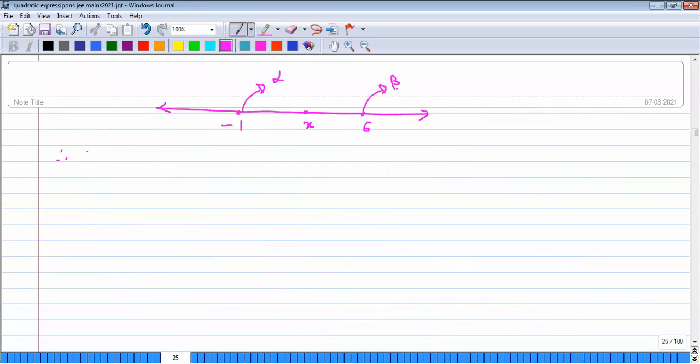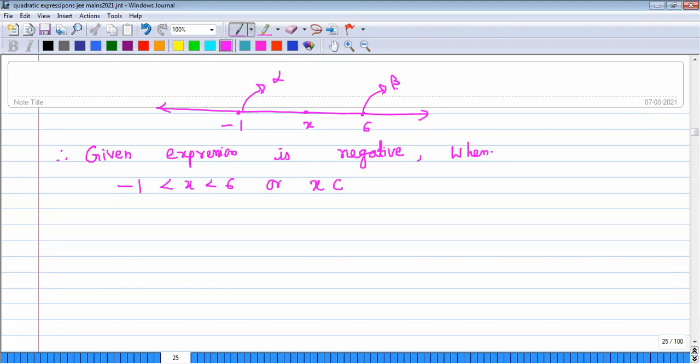So we can write like this: the given expression is negative, not positive, when minus 1 is less than x less than 6, or you can write x belongs to open minus 1 comma 6.